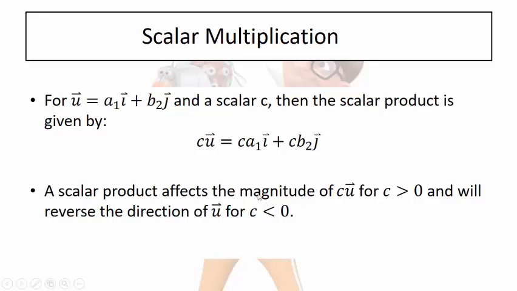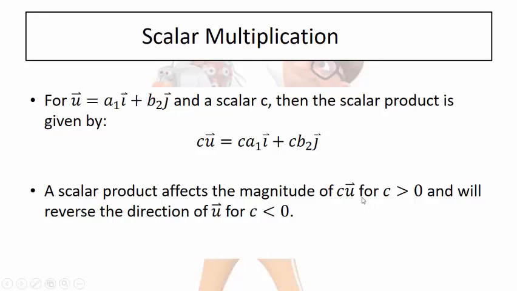A scalar will affect the magnitude of a vector. So if you have a positive constant, like if c were equal to 2, that would double the magnitude of the vector. If the scalar was between 0 and 1, then it will shorten the magnitude of the vector.